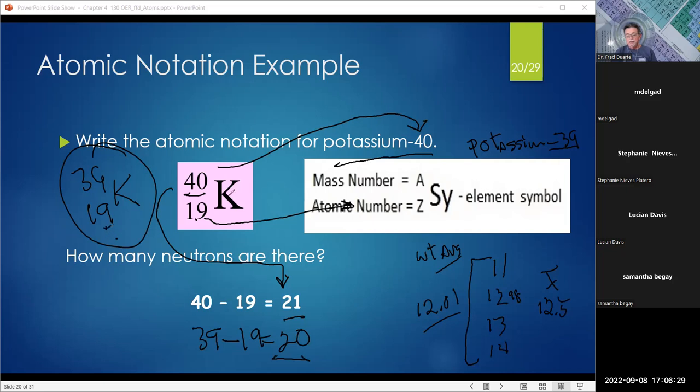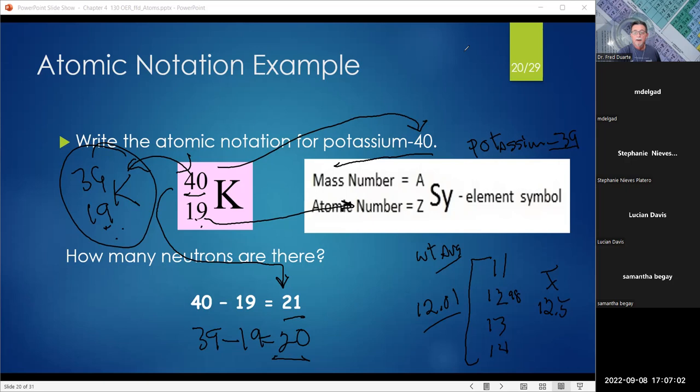I don't have a percent composition for potassium 40, but it's okay because we know that potassium 40 has the same number of protons and electrons as potassium 39. They only differ by one neutron. That's why potassium 40 is 40. It's got an extra neutron. Does that answer your question?